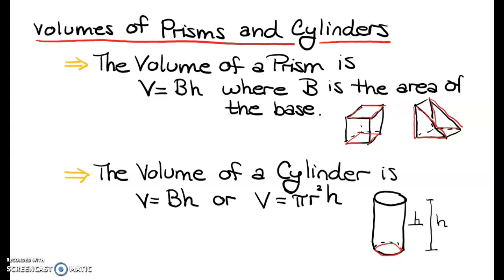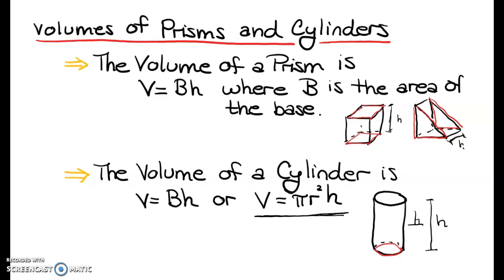For here, the perpendicular distance would be this. For this example, the perpendicular distance would be this. It has to be the perpendicular distance between the two bases. But because my base is a circle, I know the formula for the area of a circle: pi r squared. So typically we use this formula to find the volume of a cylinder.